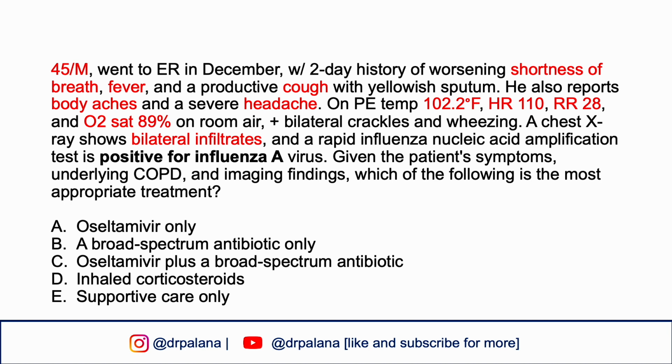Also, oseltamivir, an antiviral medication, is indicated for the treatment of influenza and is most effective when started within 48 hours of symptom onset. However, given the clinical and radiographic evidence of bacterial pneumonia, the addition of a broad-spectrum antibiotic is warranted to cover potential bacterial pathogens, including Streptococcus pneumoniae and Haemophilus influenzae.